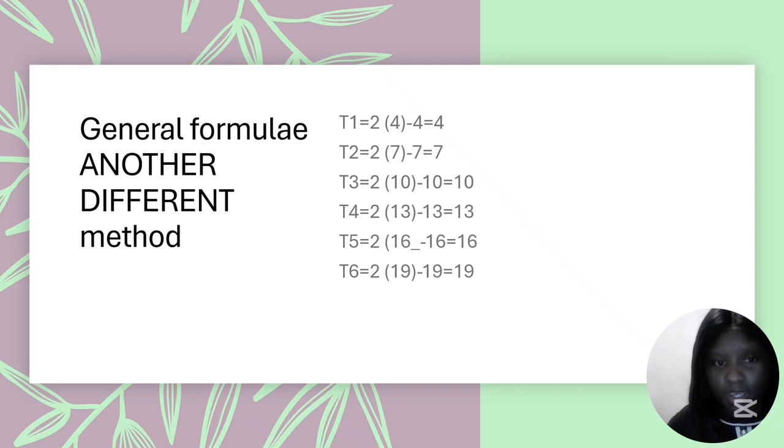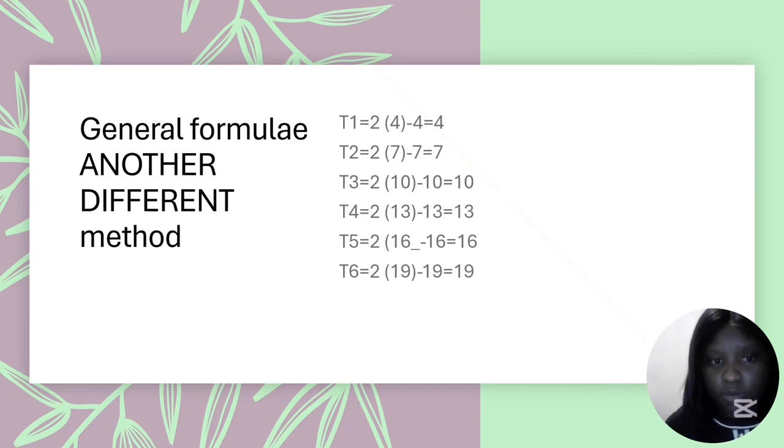For example, the term we didn't discuss is term 4, which is 2 times 13 equals what? 26 minus 13 equals 13. So that's how we get the answer. It's very important for you to know how you get the answer.